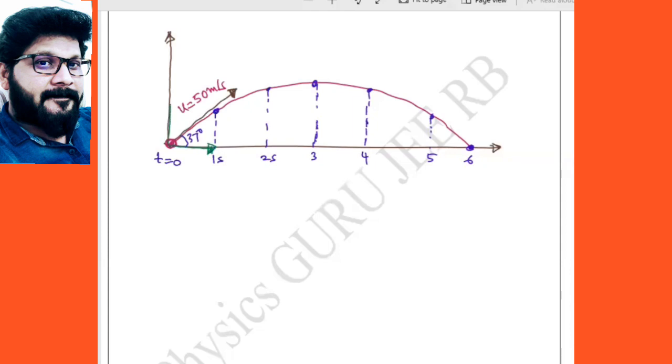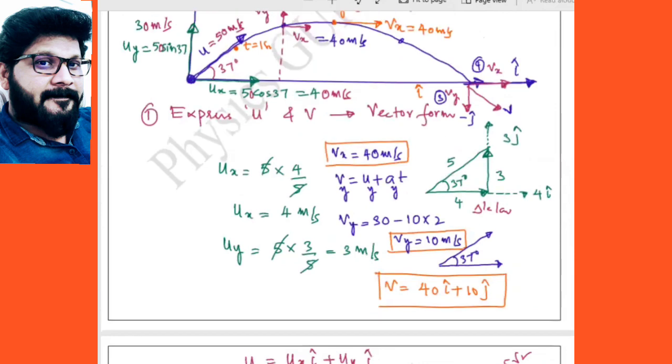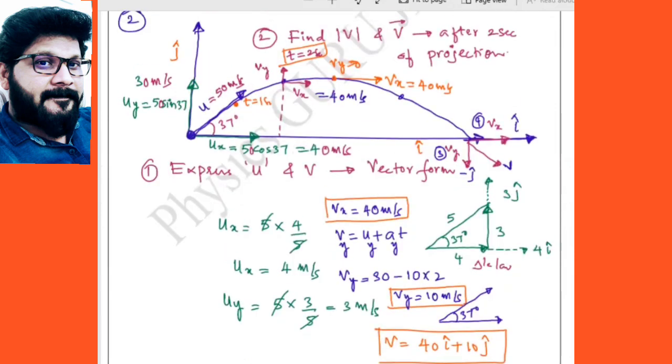What are those components? Can you tell me? Yesterday also we discussed. So ux is nothing but 50 cos 37, which gives 40 meter per second, and uy is 50 sine 37, which is 30 meter per second.